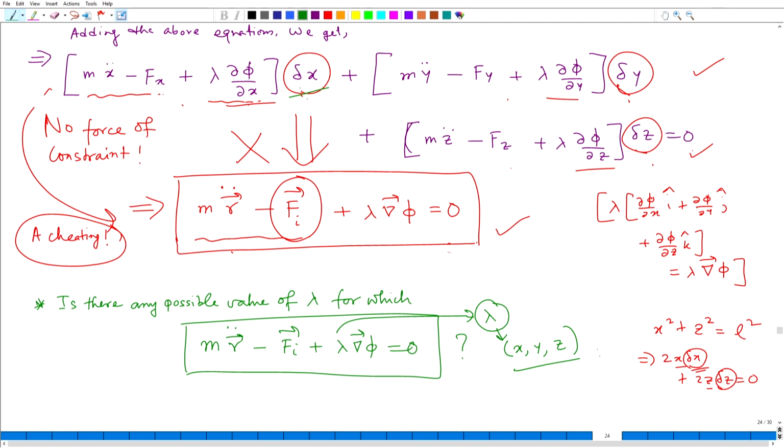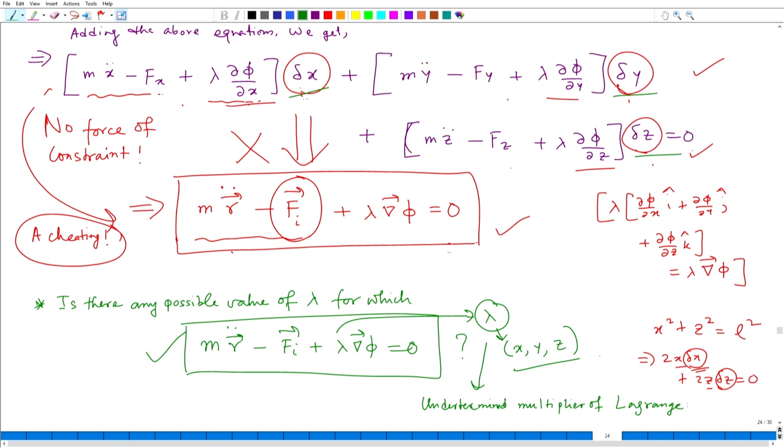So, although they are not independent, this can be true for a specific functional form of lambda. And this lambda is known as the undetermined multiplier of Lagrange.